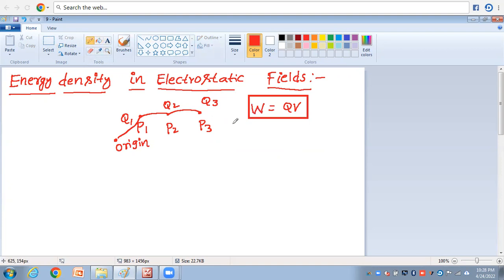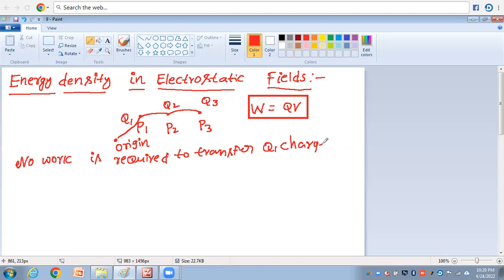Once again: no work is required to transfer the Q1 charge from infinity to P1, because the space is initially charge free.